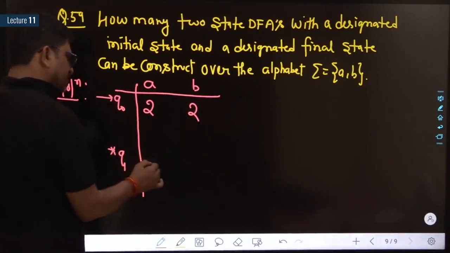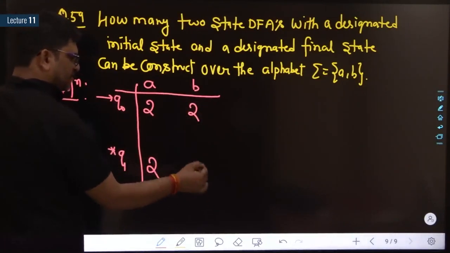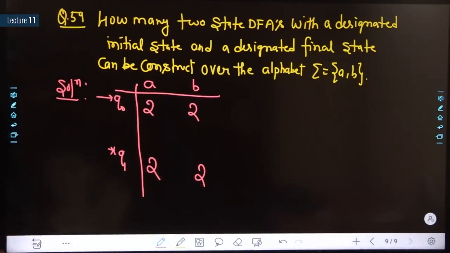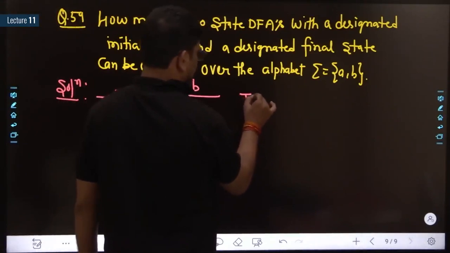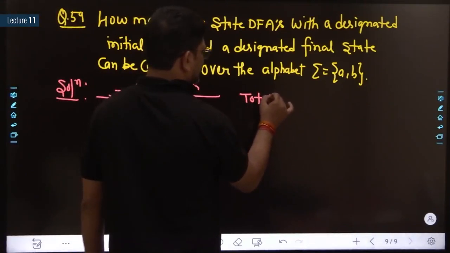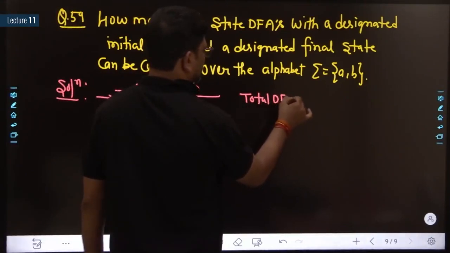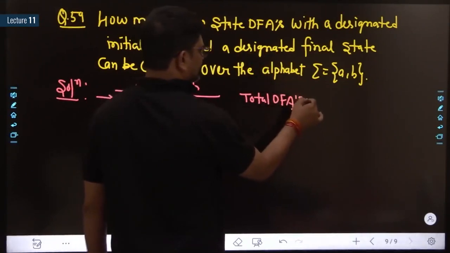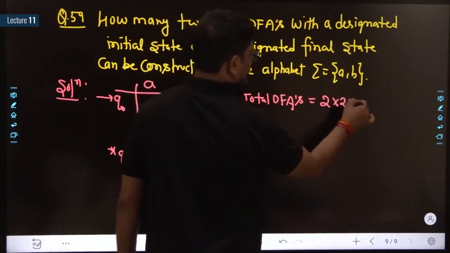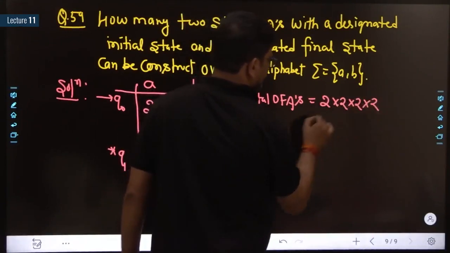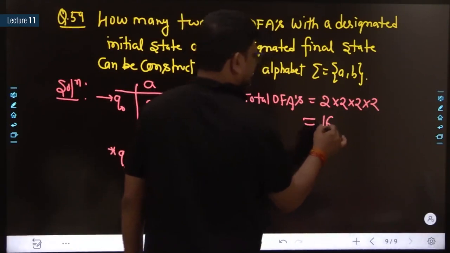Same on Q1, same on B. It means total DFAs that satisfy this condition equal 2 into 2 into 2 into 2, that is 16. Please check.